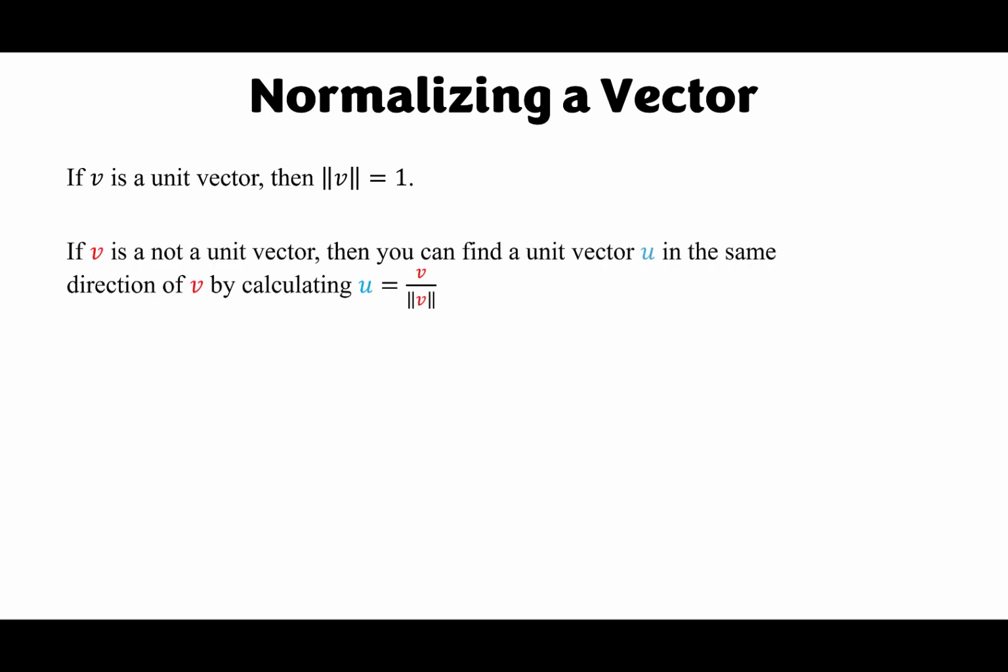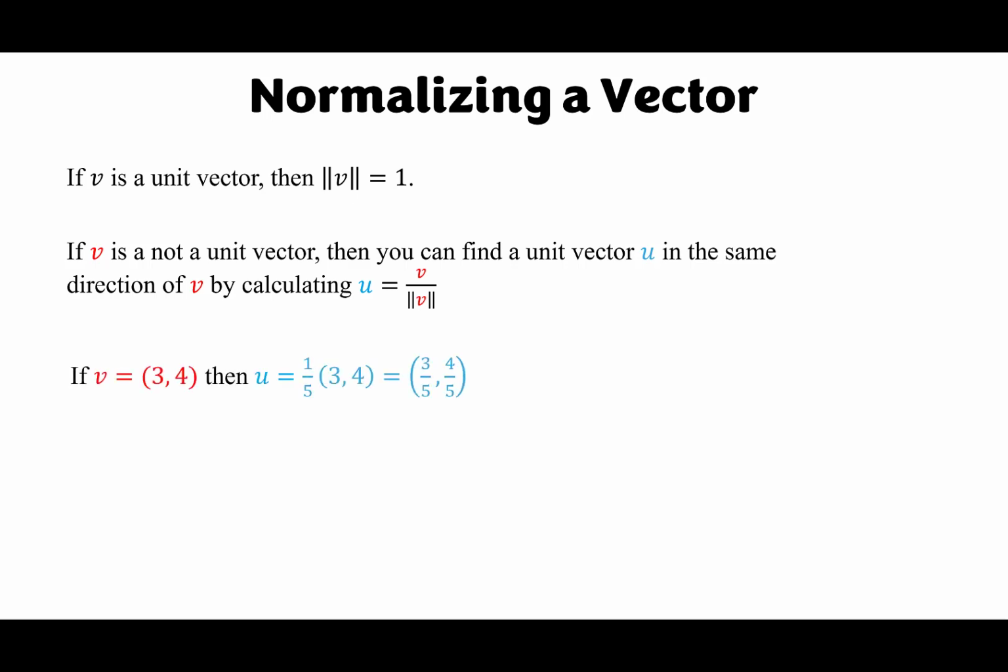So if v is not a unit vector, then you can find a unit vector u in the same direction as v by calculating u, which is just v divided by the length of v. So what we do is take that vector v and divide by its length, or its norm. That will normalize the vector. It'll give you a vector in the same direction, but it'll have a norm of 1, a length of 1.